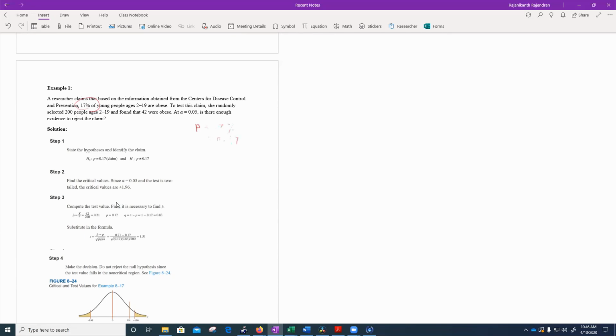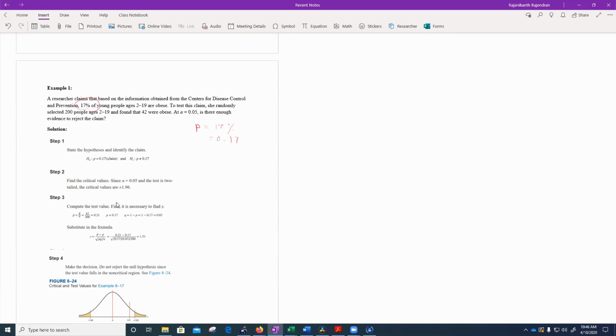She is suspecting whether this is true. So her claim is little p, the population proportion, not equal to 0.17. Of course, my null hypothesis is equal. Now her claim is this, for this particular problem.